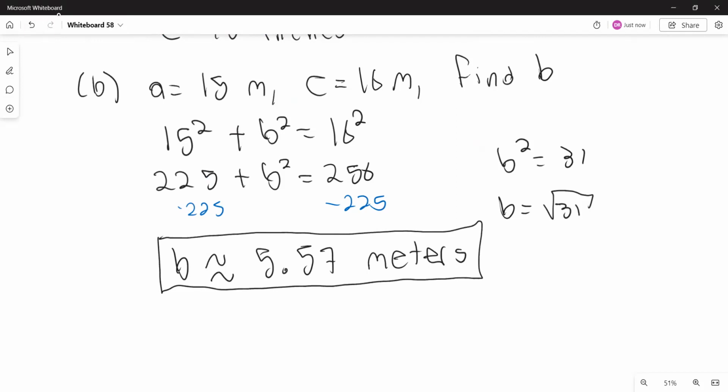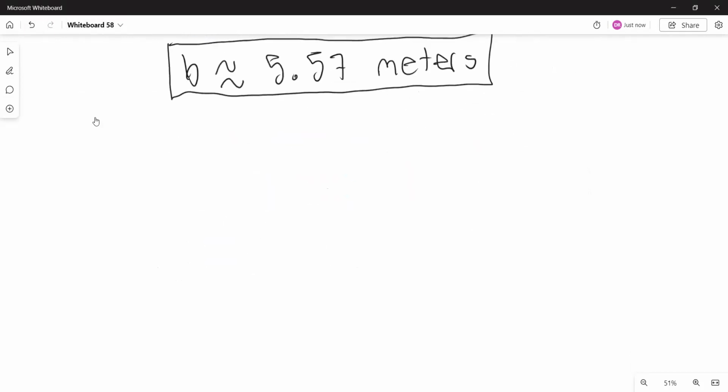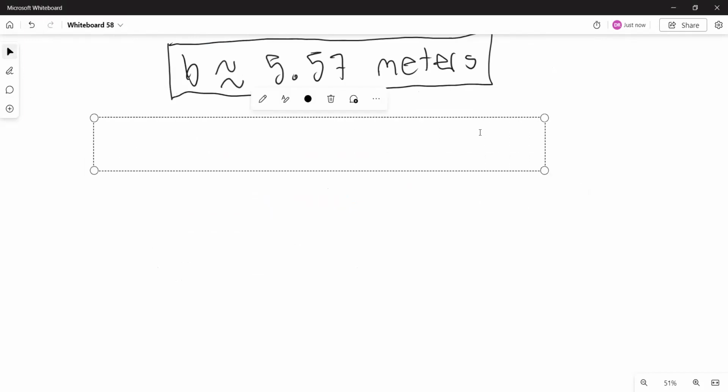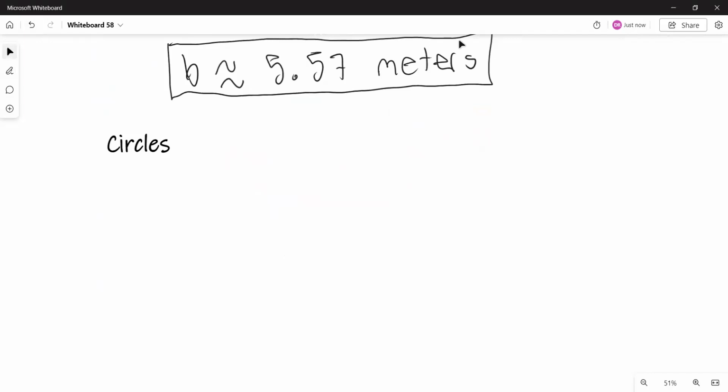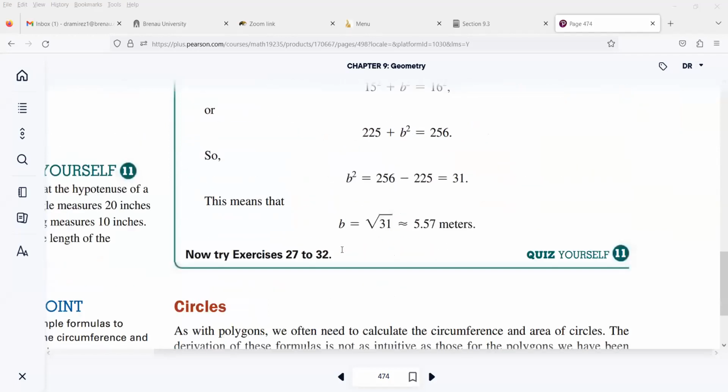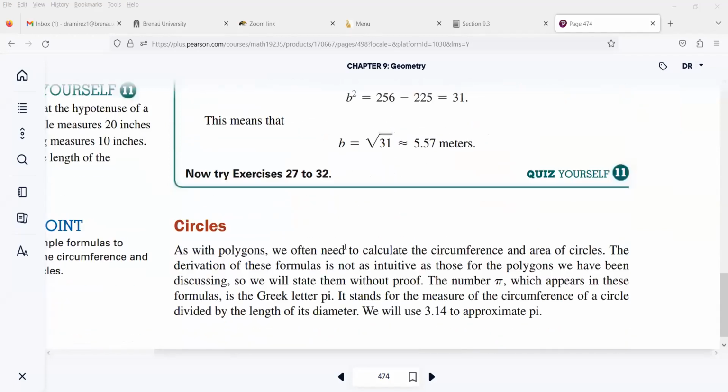And the last figure is going to be a circle. As with polygons, we often need to calculate the circumference and area of circles.